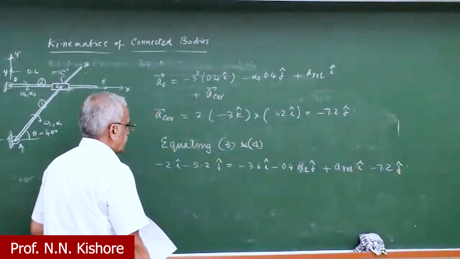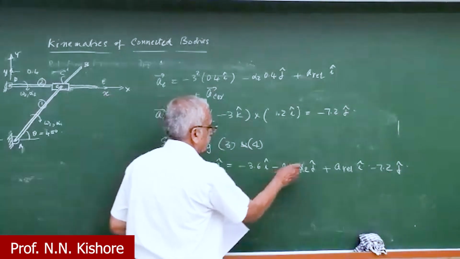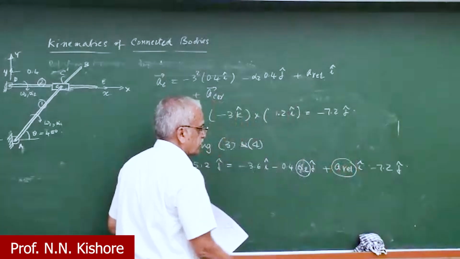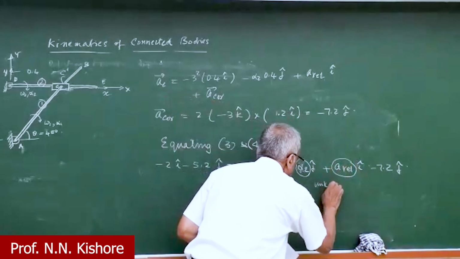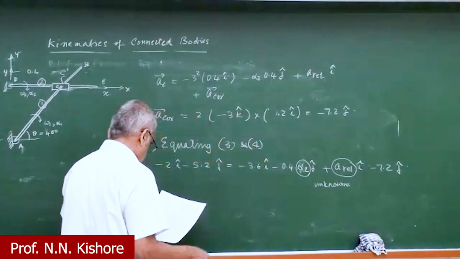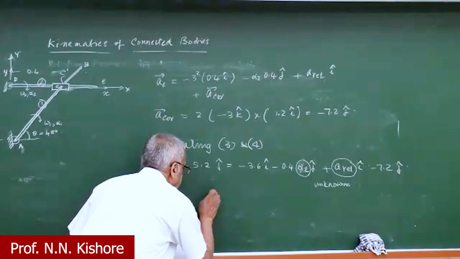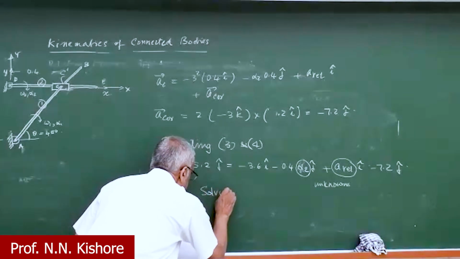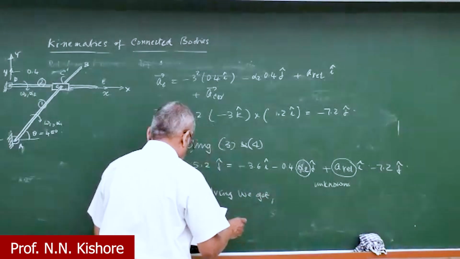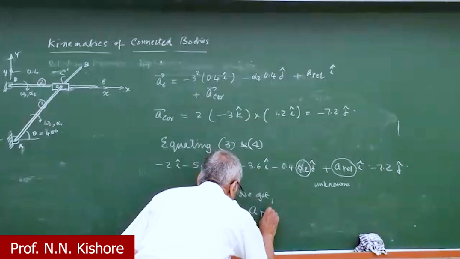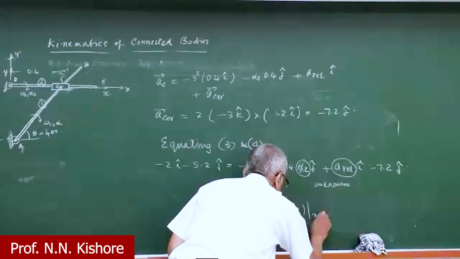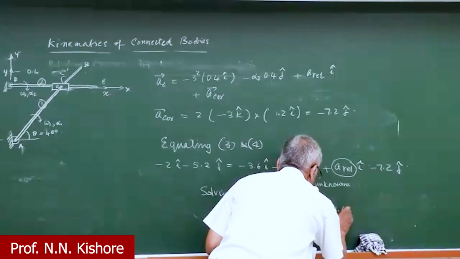Okay, so here, what are the unknowns? So there are two unknowns, the alpha 2 and A rel. So we can solve for them. I'm almost done. So solving, we get A rel, which is nothing but the acceleration of C in the x-y frame, is 1.6.